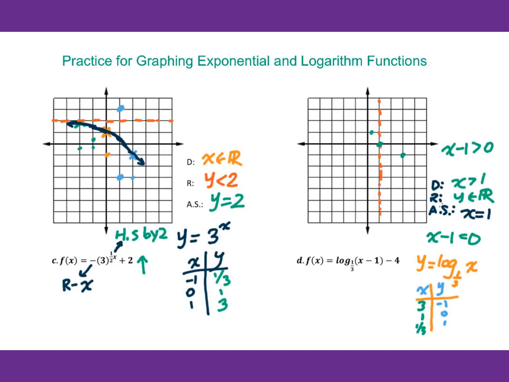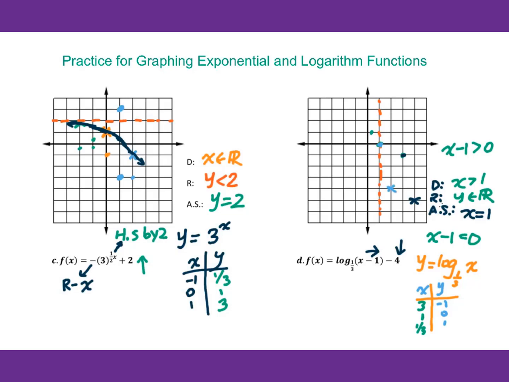For each point, you just move to the right 1, down 4. This point, right 1, down 4: 1, 2, 3, 4. Go here. This point, right 1, down 4: 1, 2, 3, 4.